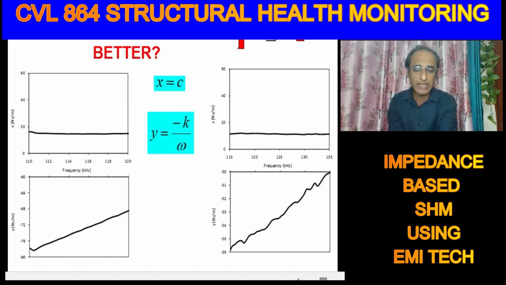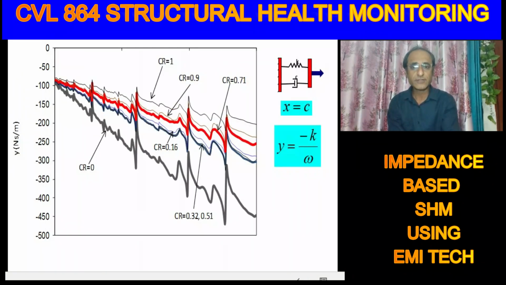So if we just take the average value of X, that is C. And how do we get K? We obtain Y and multiply it by omega, which gives us K. That is basically the slope of Y versus the omega inverse. We could see that as the strength of the specimen went down, the slope, and hence the resulting stiffness, also went down.